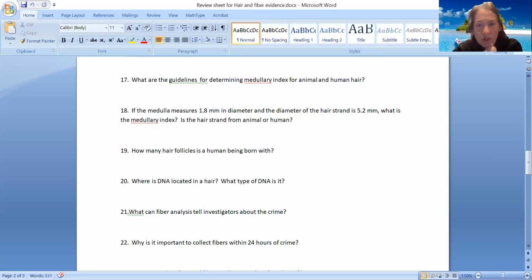The coarse with 2 medullas is beard. Oval and buckling is pubic. And triangular with blunt ends is body.